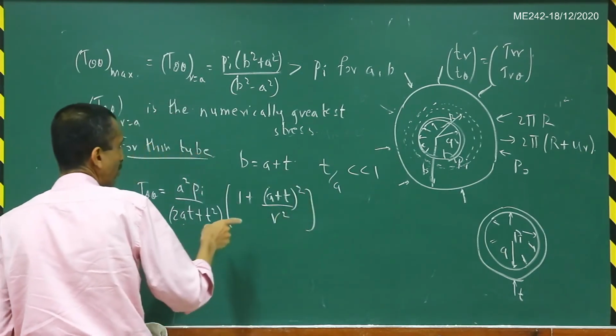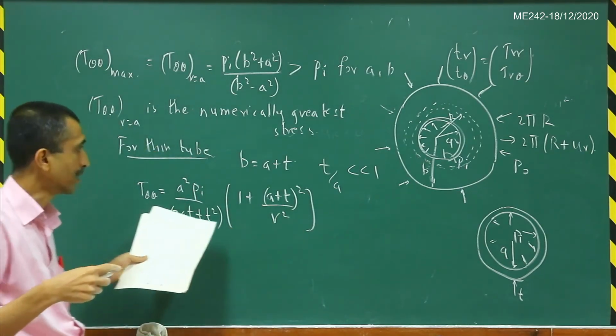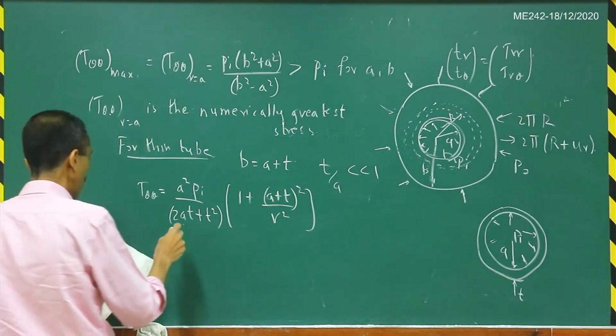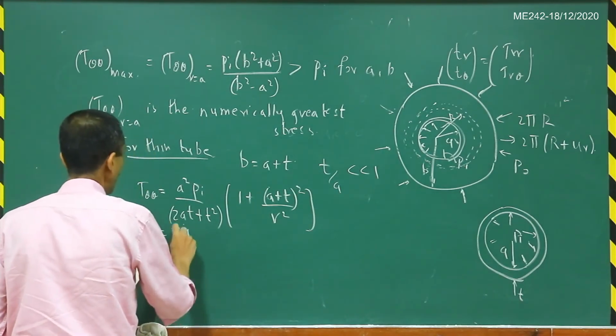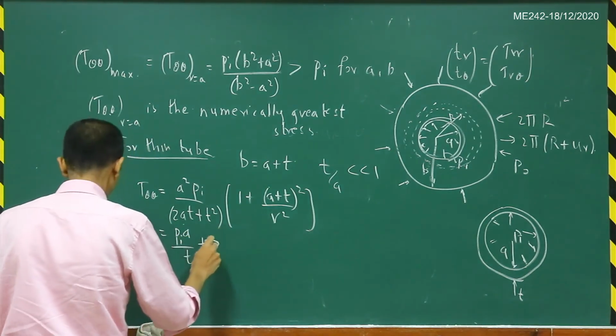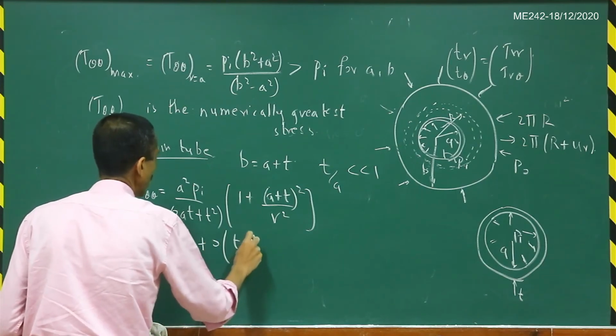And so now let us try to simplify this particular expression using this approximation. So this is equal to A Pi times A divided by T plus order T by A square.